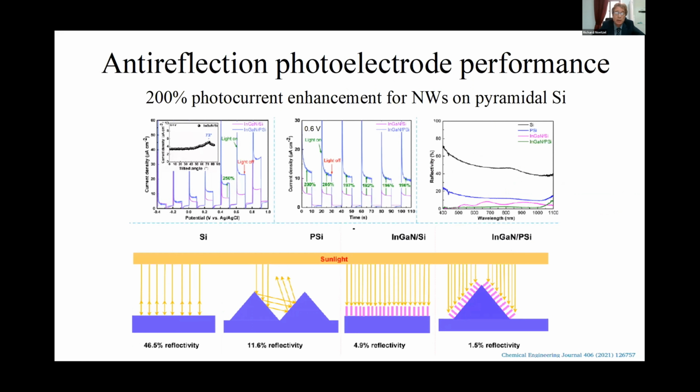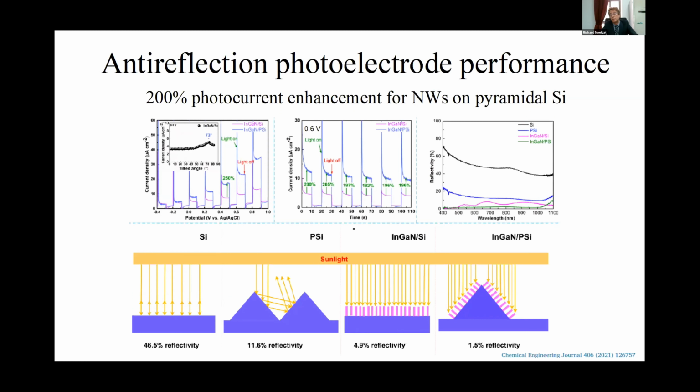Under chopped light illumination, the current versus the applied potential, and then the current versus time at an applied potential of 0.6 volt. And we can see the photocurrent is enhanced by about 200% due to the anti-reflection structure of this photoelectrode. And the direct measurement of the reflectivity shows that the nanowires on these pyramids have the lowest reflectivity.